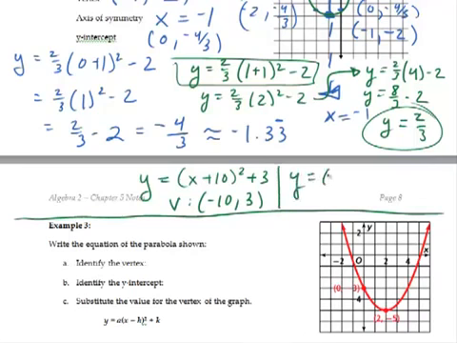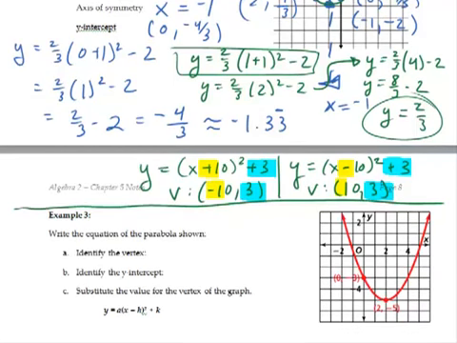If you have y equals x minus 10 squared plus 3, the vertex will be positive 10, comma, positive 3. It's always the opposite sign for this first one. So if it's a positive, it becomes a negative. Negative becomes a positive. But it always stays the same for these last ones. These last ones don't change.